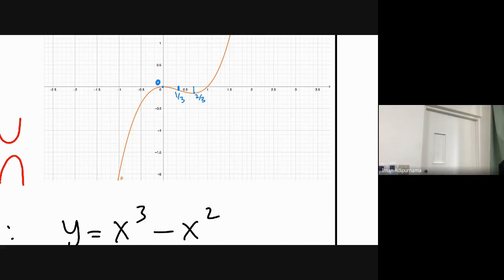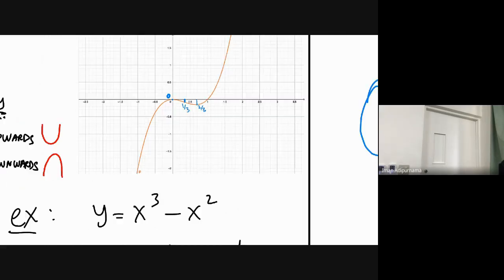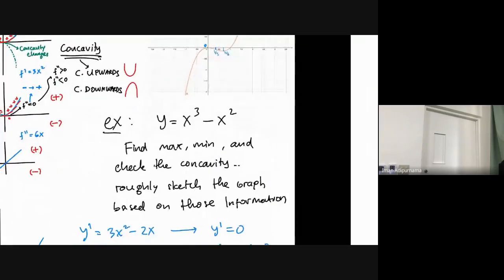So if you want to make a really close graph to the real one, you can check the 1/3 and 2/3 and check the function's value, how much the value is, and then you can make it closer to the real one. Is that answering your questions?